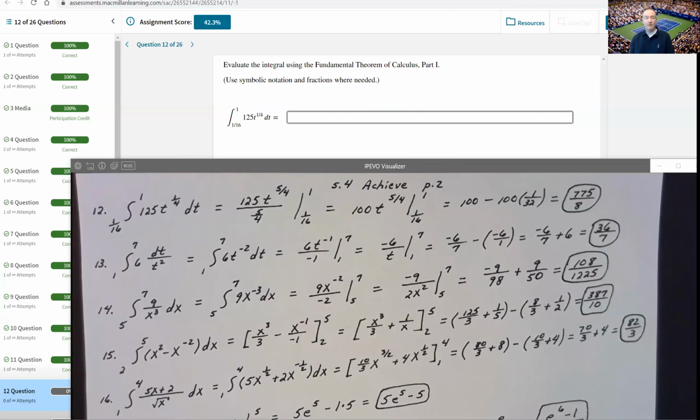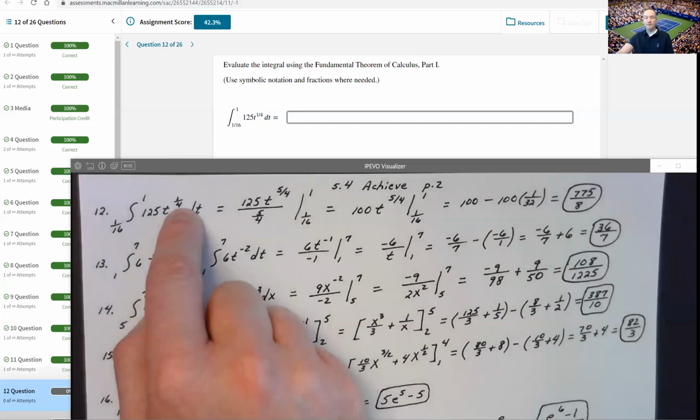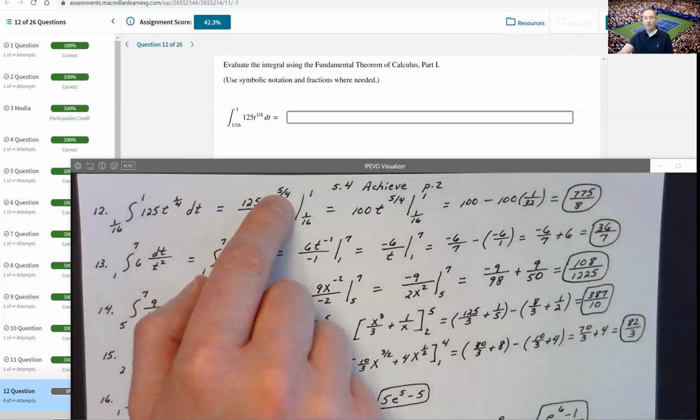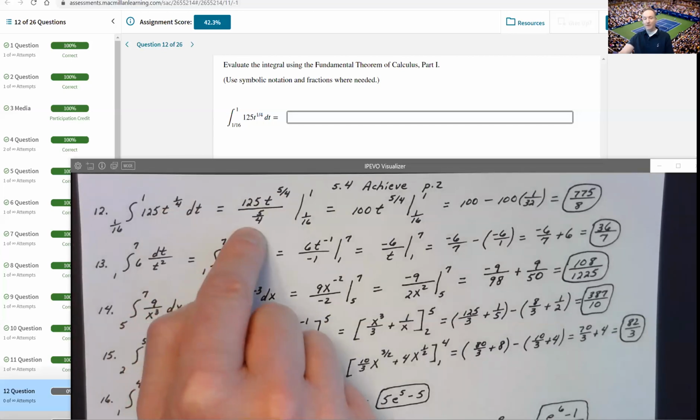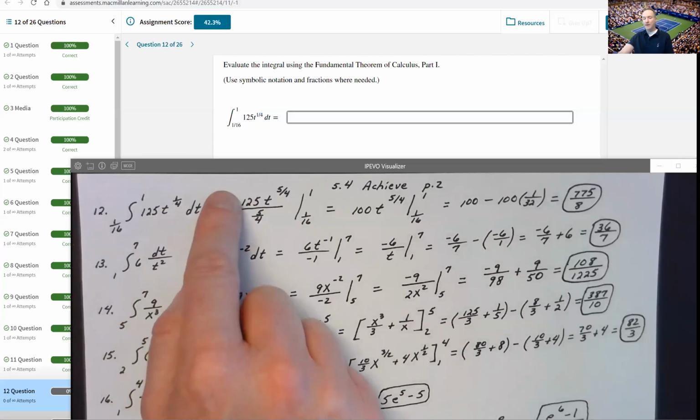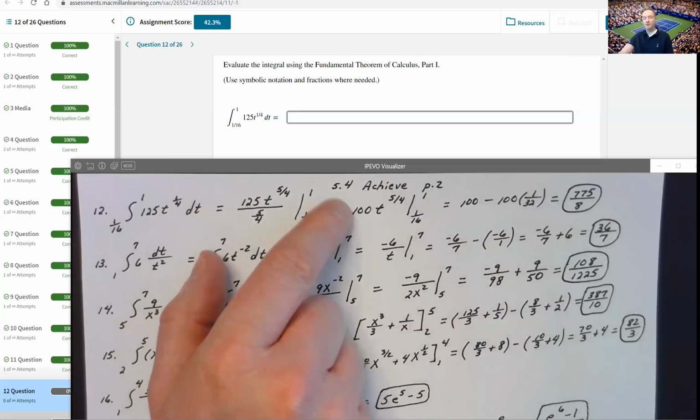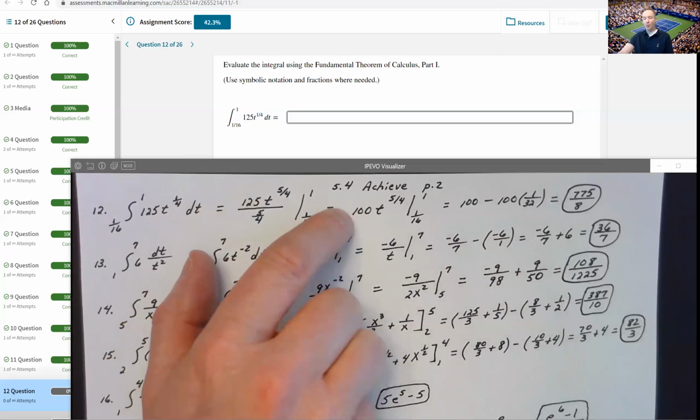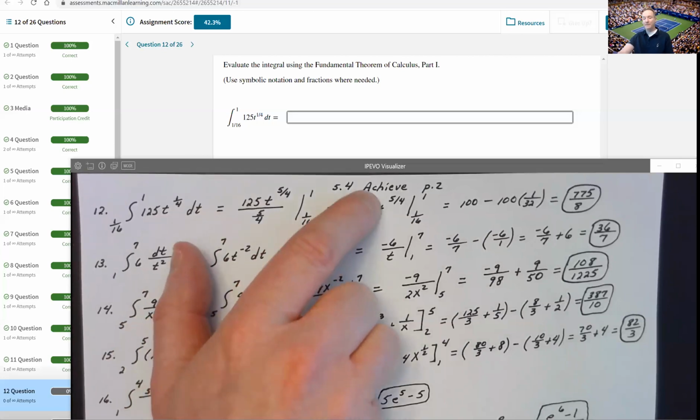This time they put it as the 1/4 power, but the rule's the same, power rule. You'll say increase that exponent by 1 and then divide by that new exponent. So I'm thinking that's the same thing as 125 times 4/5. I know 125 divided by 5 is 25, times 4 gives me 100. So my simplified answer is 100 t to the 5/4.